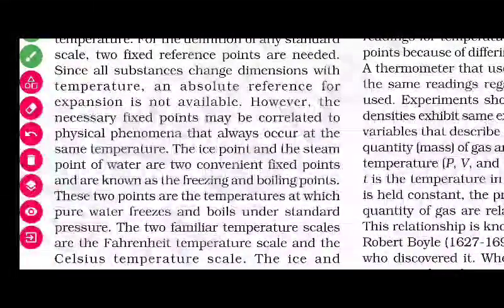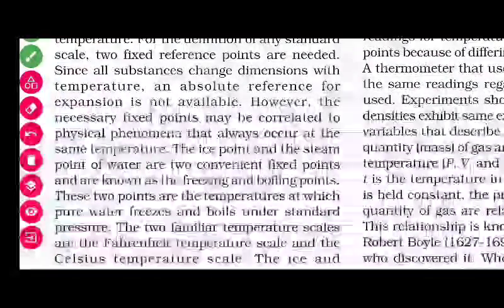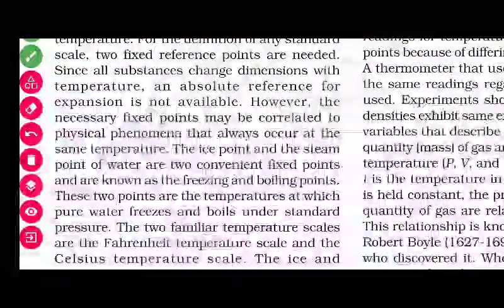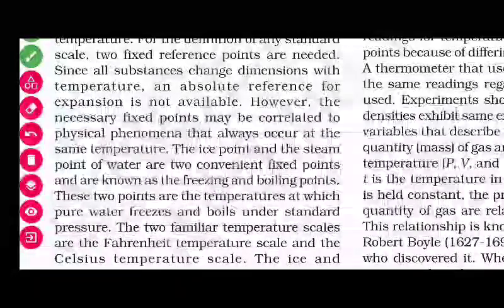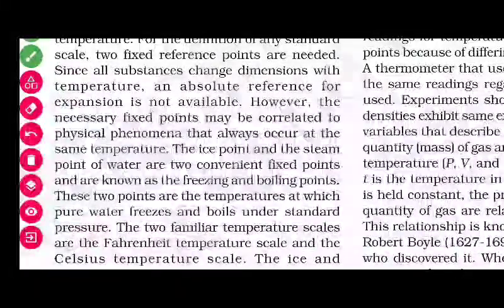I'm talking about the Celsius scale. For the boiling point of water, the steam point, we assign a value of 100 degrees Celsius, and between 0 and 100 we make 100 divisions, assigning 100 values in between.